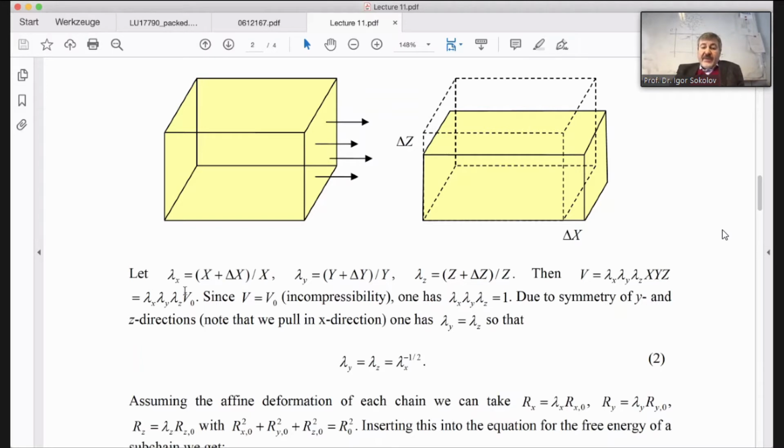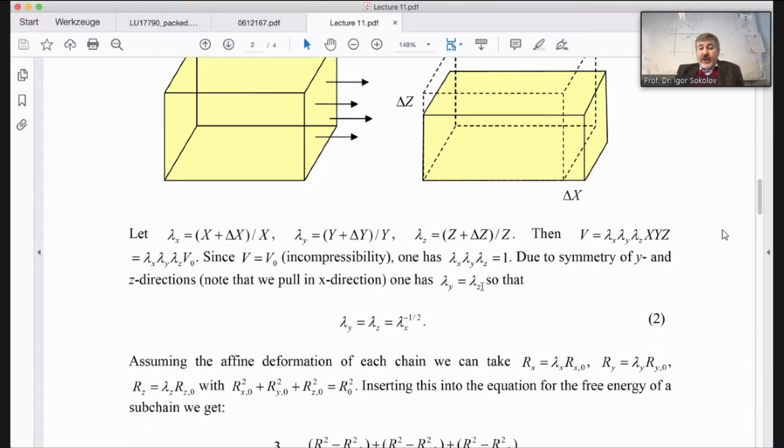And then, since the volume stays unchanged, the product of these is unity. Now, due to symmetry, if I pull in the x direction, the two other ones, since they are the same, are the square root of this lambda x.